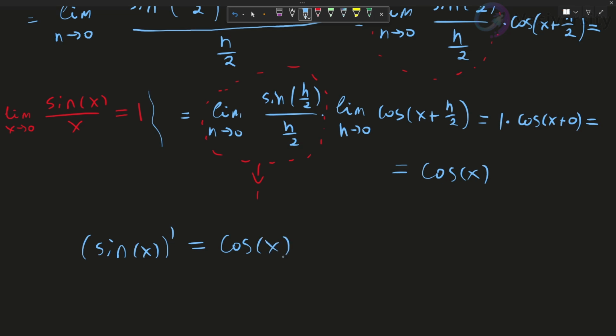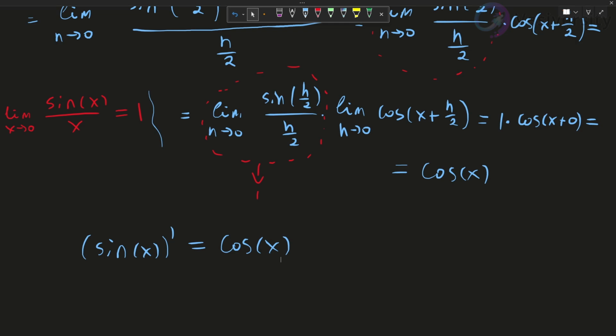Okay, perfect. Now we can do essentially the same thing for the cosine, and I will leave that for you.